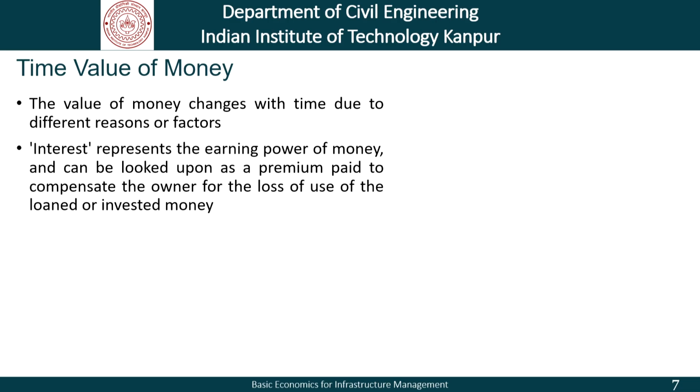Because we have foregone or given up our right to use that money at a certain point in time, the bank pays us some money. That done, the bank lends that money to somebody else to set up an industry, to have a startup, and so on.